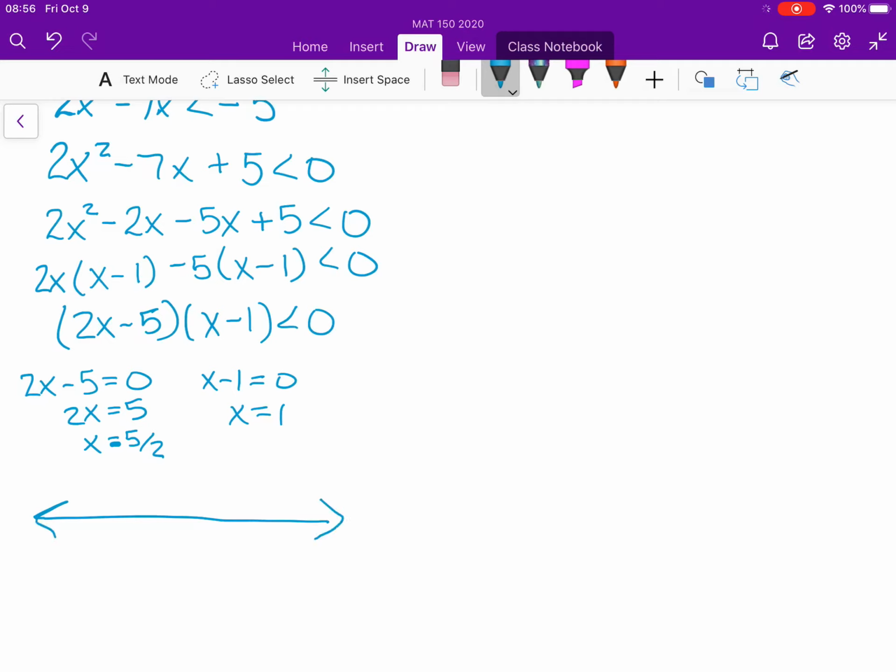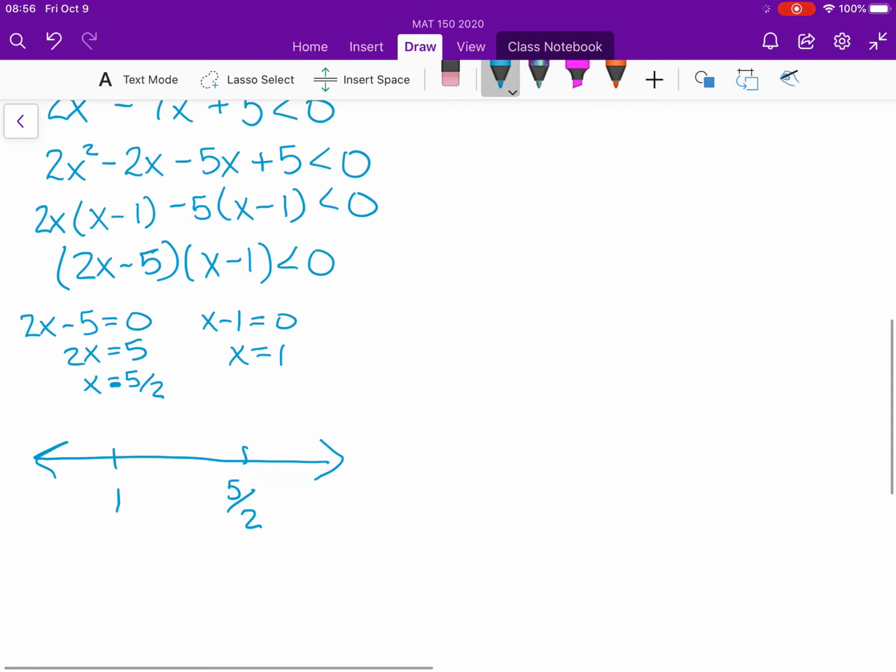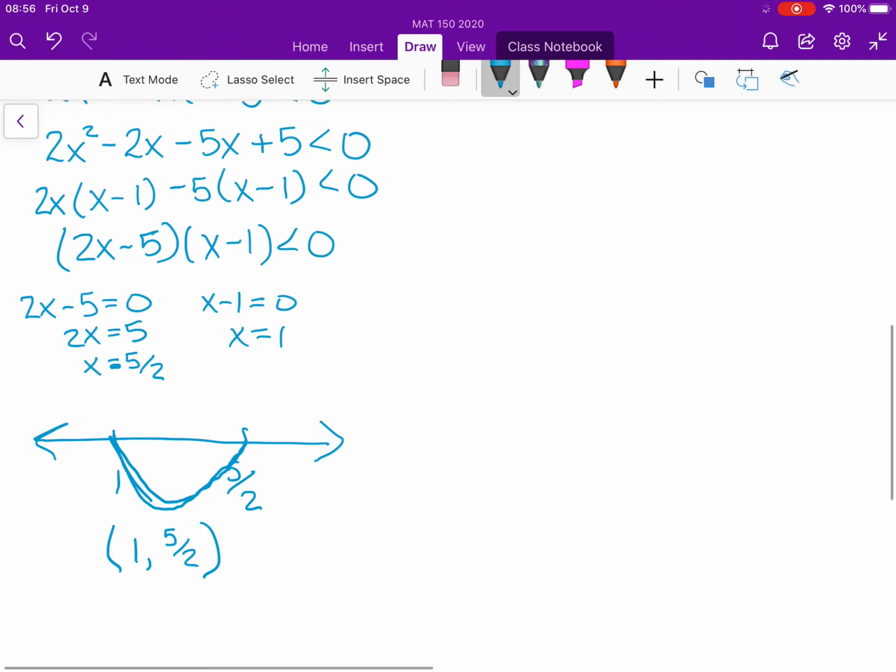So when I'm thinking about a number line here, it's going to be 5/2 here, 1 here. This is a case where it's less than 0, so it's the interval in between. So my answer would be 1 to 5/2.